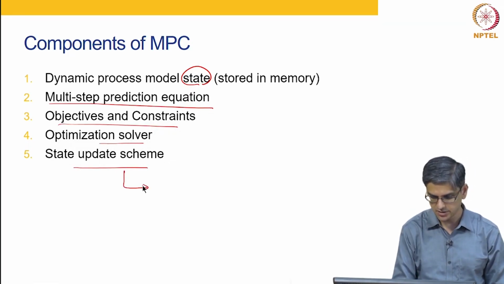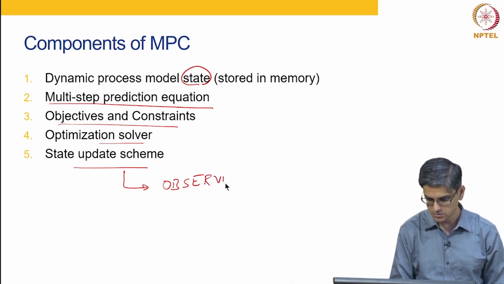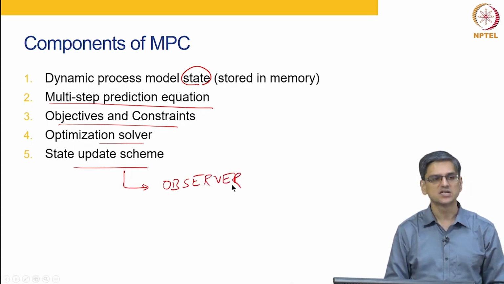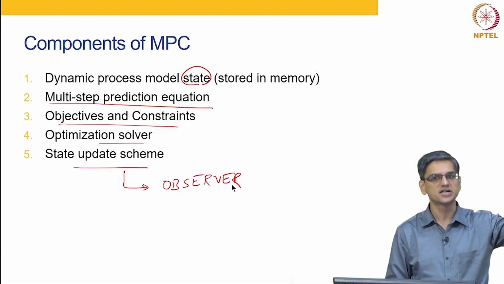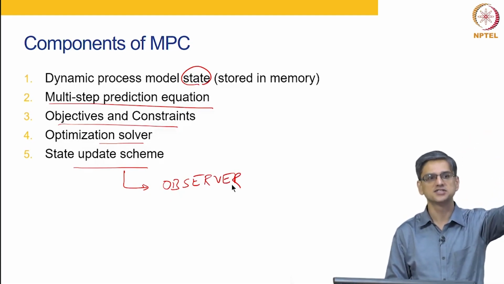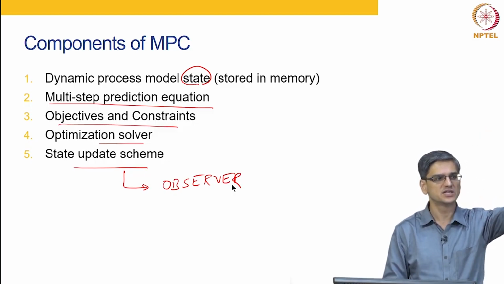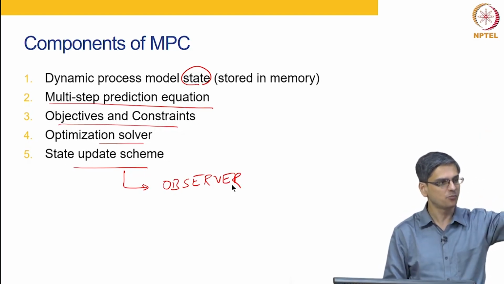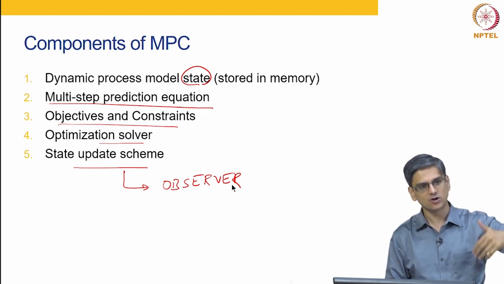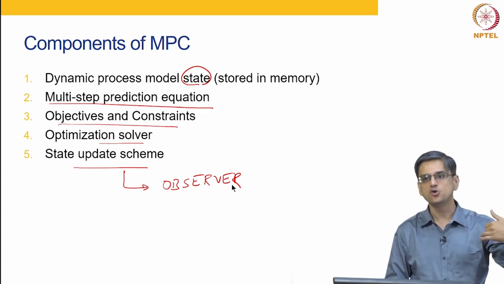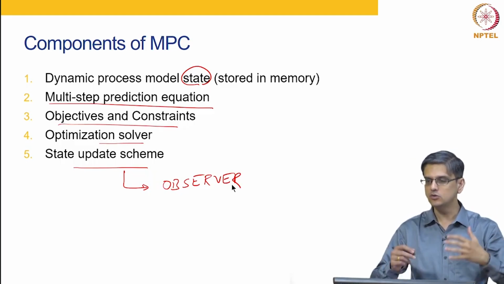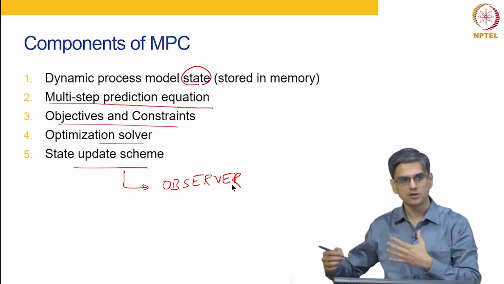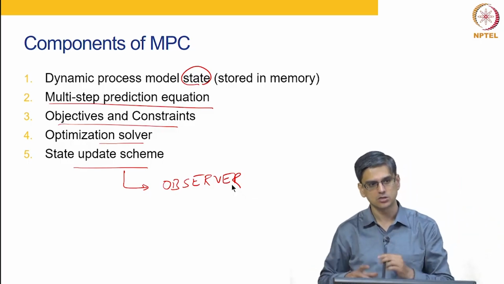This is something that we have so far called observer, which basically means you had predicted your system is going to reach 12.5, but the system has only reached 12.4. So, there is a difference of 0.1 between what you predicted and what actually happened. How can you use this information in order to update your model or update your state? That is what the questions are.